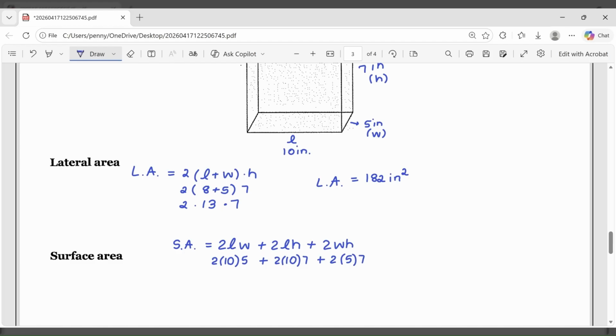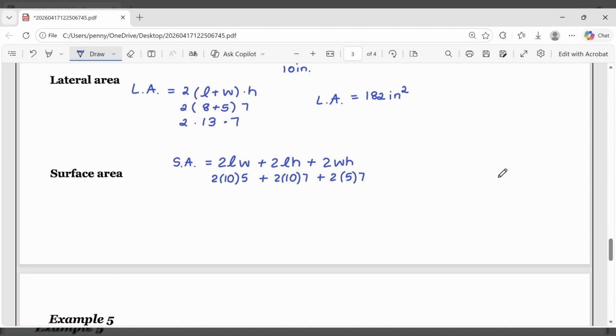And now we're just going to simplify that down. 2 times 10 is 20. 20 times 5 is 100. 2 times 10 is 20 times 7 is 140. And then 2 times 5 is 10 times 7 is 70. And if we add those three together, we get 310 inches squared.